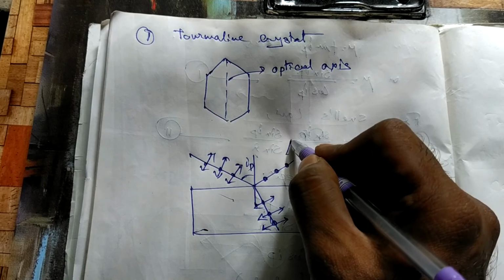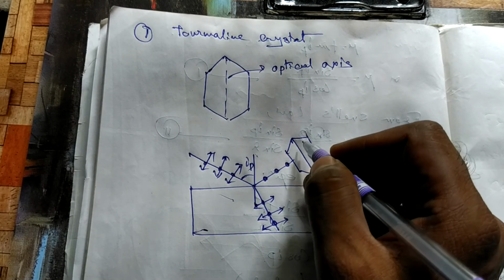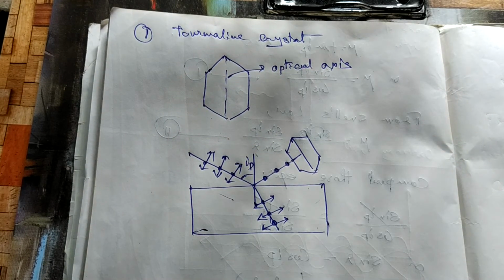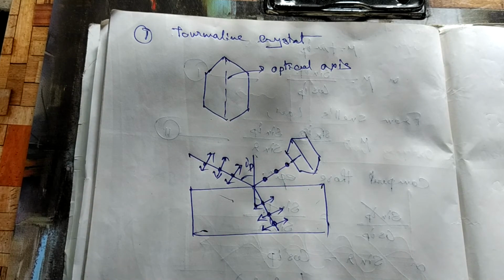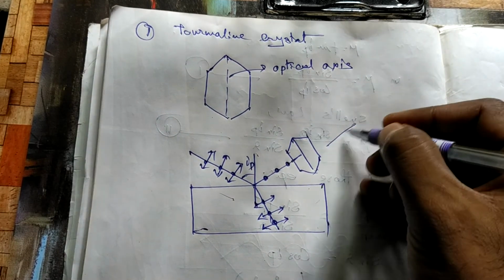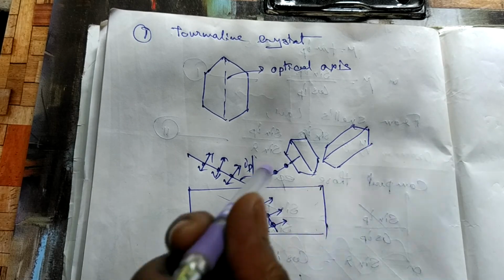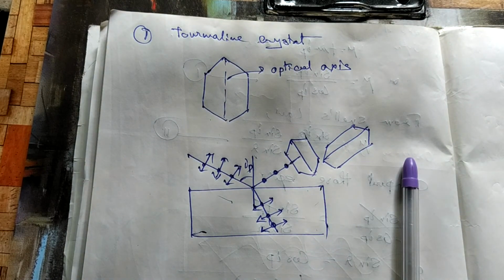But when you put a tourmaline crystal in front of this polarized light and rotate it, because the vibration is perpendicular to the paper, if the axis of the tourmaline crystal is also perpendicular to the paper, then we get maximum light.